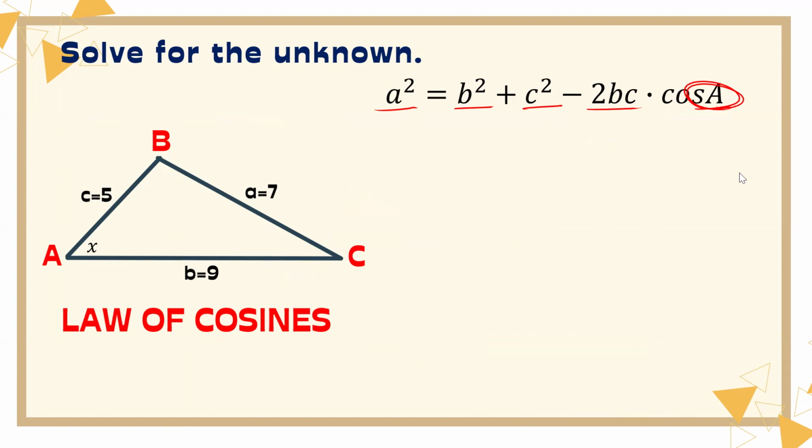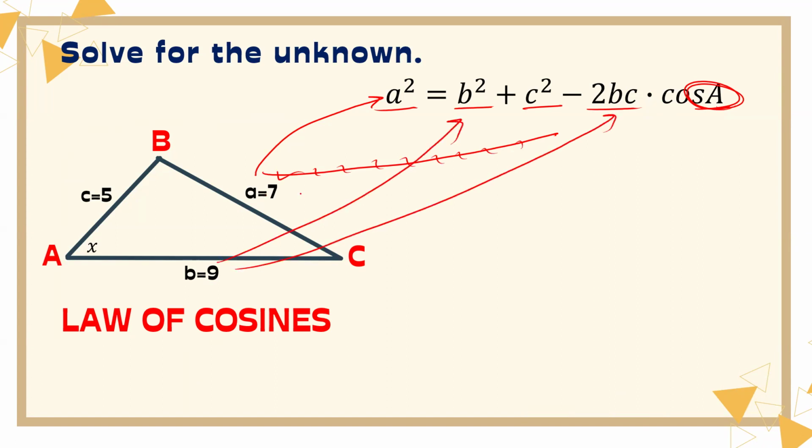So substituting the value of a here, then side b would be here, and side c would be here and here.